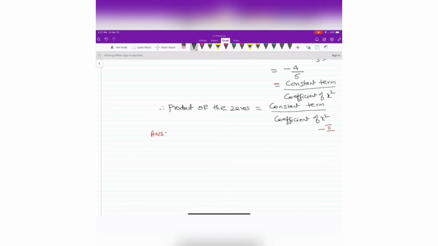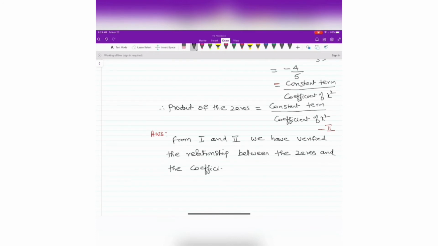Answer: from 1 and 2 we have verified the relationship between the zeros and the coefficients of the given quadratic polynomial.